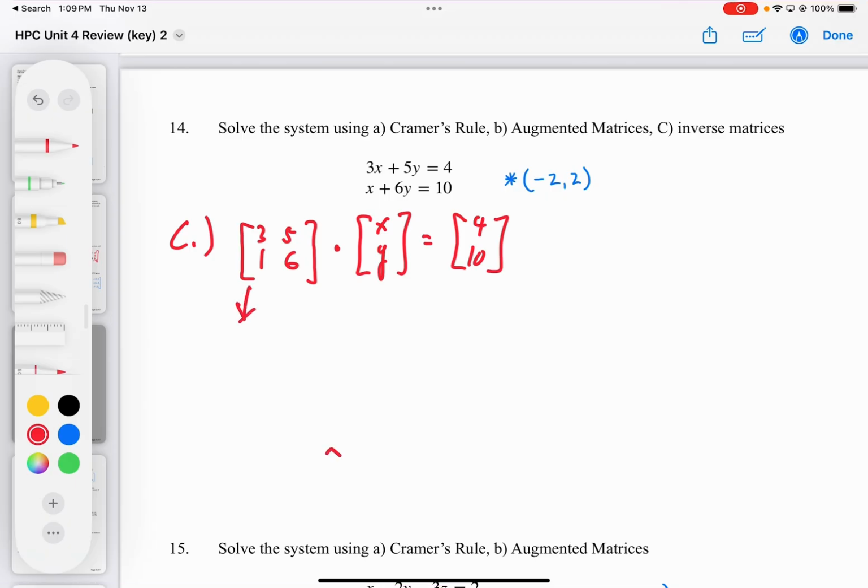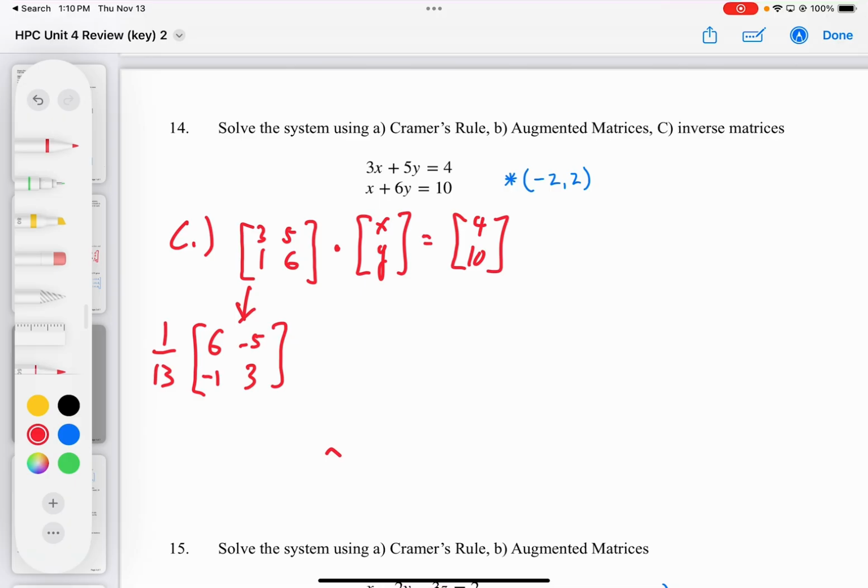So that process looks like 1 over my determinant, which is going to be 18 minus 5, which is going to give me 13. And then that's a nice number to work with. And then we've got our values on the inside. So swap the 6 and the 3 and then negate the other values. So there's the beginnings of our inverse matrix, okay?